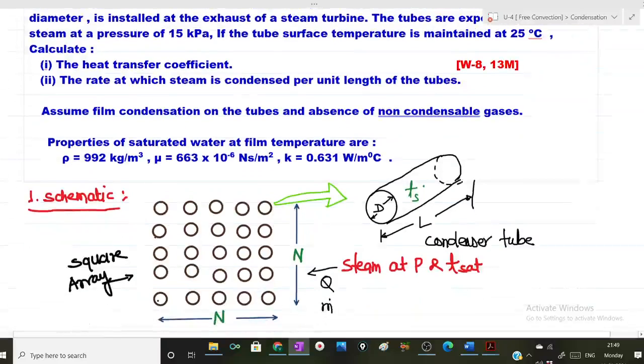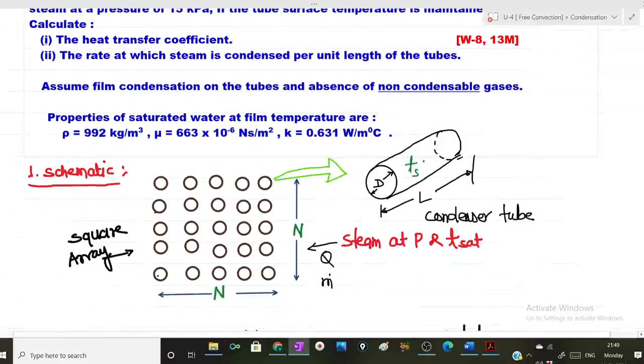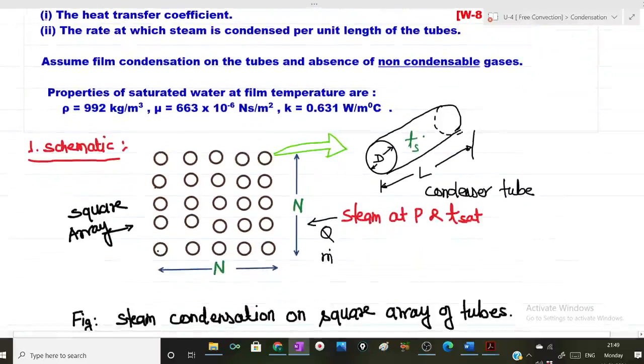So in order to solve this problem, let us first draw the detailed schematic of the system. As mentioned in the problem, there is a condenser consisting of 625 horizontal tubes arranged in the form of a square array.